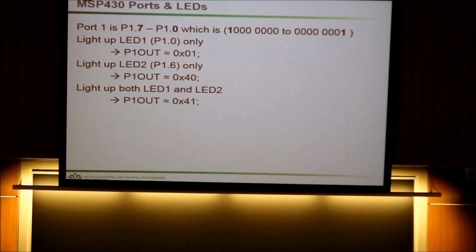To light up both, we said, of course, you're going to do both at the same time, so hex 41. And if you wanted to light up neither, what do you think you would write? Hex 00. You literally have to say hex 00 to turn it off if you've turned it on previously. Because once you turn it on, it stays on until you turn it off.